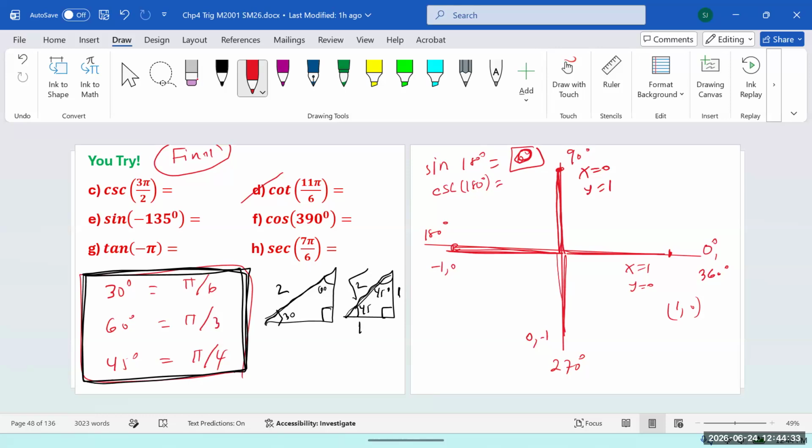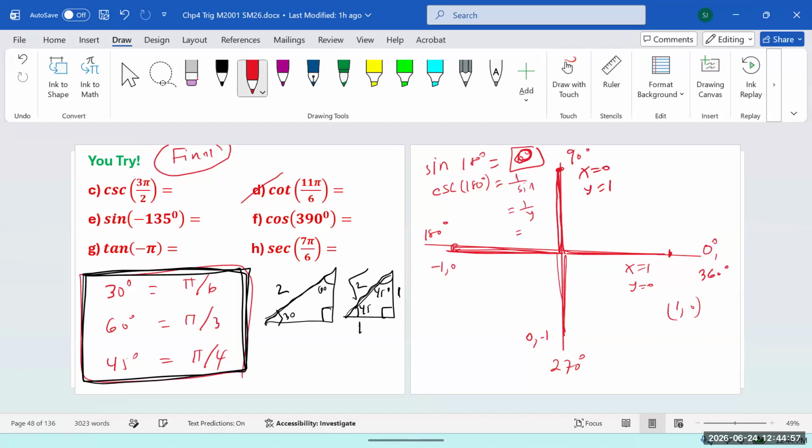The identity. It's for the triangle, but we don't have any triangle here. So based on the reciprocal identity, cosecant is 1 over what function? 1 over sine, which is 1 over y.